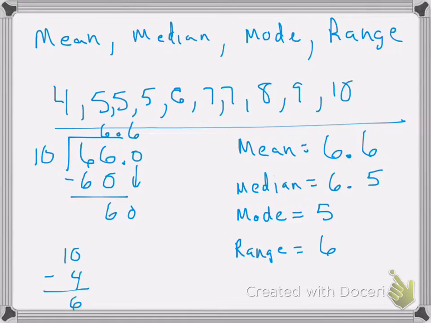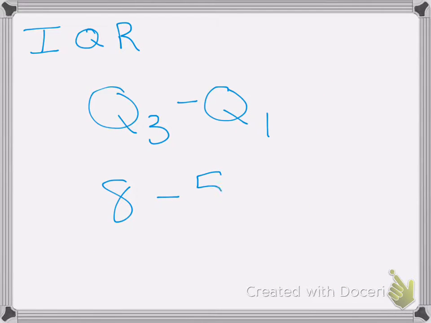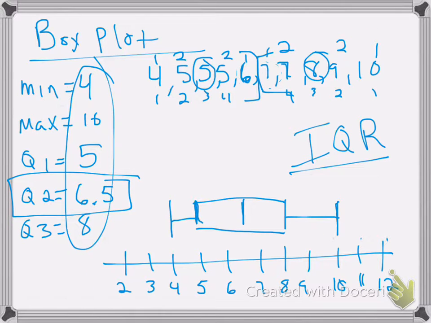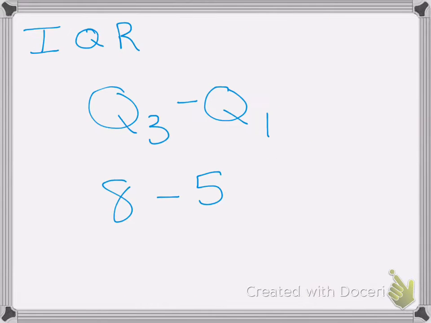We subtract quartile 1, which was 5. Okay? Now, remember on your box plot, this is Q1, this is Q3. Okay? All right, so we subtract that and we get an IQR for me is 3.